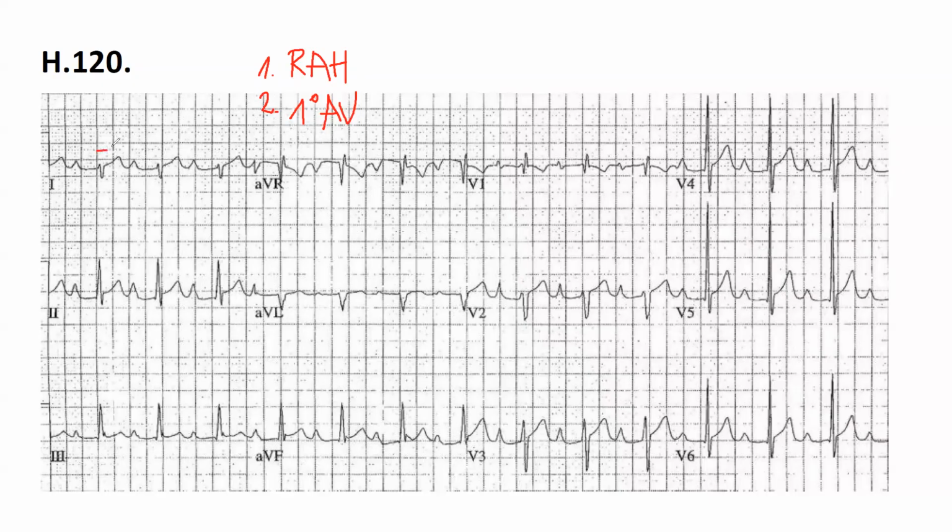Axis? Lead one is negative, aVF is positive, so it can be left axis deviation. No, right axis deviation, I guess, because aVR is negative.